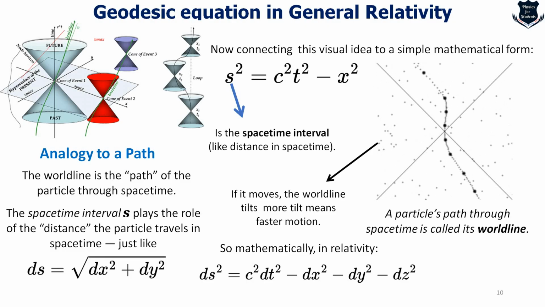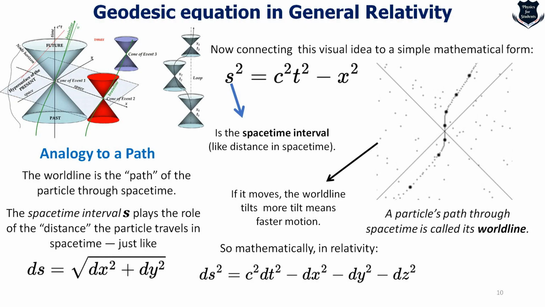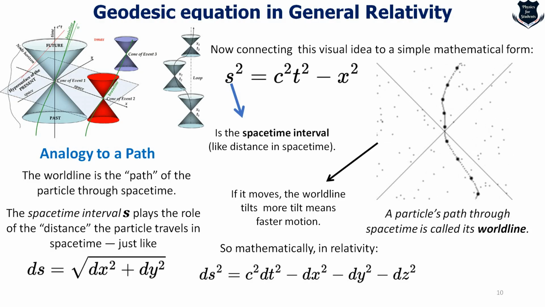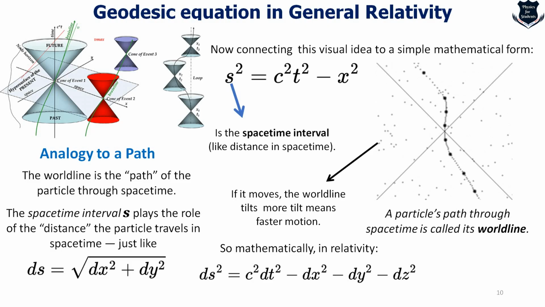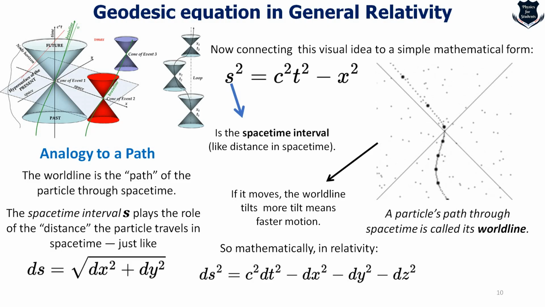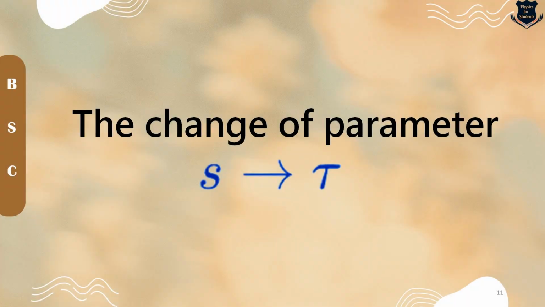So this part shows the geodesic equation in general relativity, what s is, what tau is, and the concept of the world line, and how we connect very easily from the Pythagorean rule to the relativistic space-time interval. Now here is another important thing you should notice: the general geodesic equation has s as an affine parameter, or you can just call it arc length, and it is now being replaced by tau.